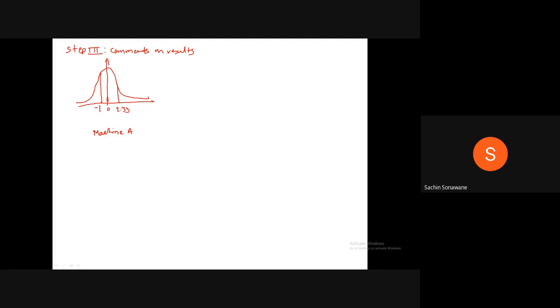This is 0. Here minus Z values are there, here plus Z. Again, I will draw for machine B and C.